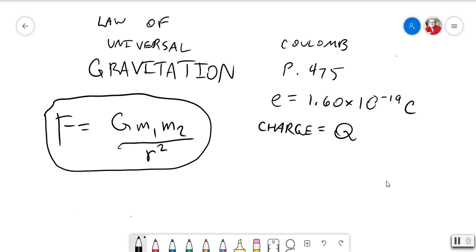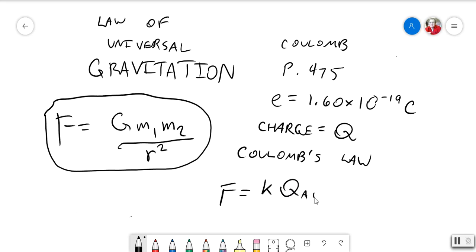There's a force of attraction if they're unlike charges. How much is that force? Coulomb's law says force equals k, lowercase k, QA, which is the first charge, QB, which is the second charge, all over R squared.